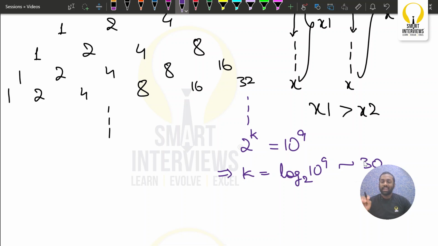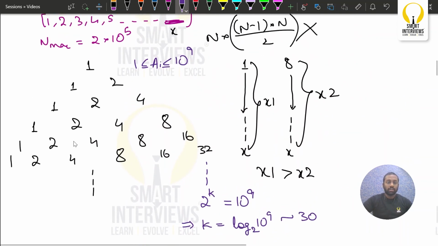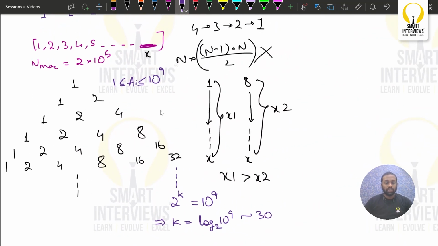And we are damn sure about it because we have done all this calculation to understand the fact that I need only 30 elements. Any array having greater than 30 elements will definitely be invalid.